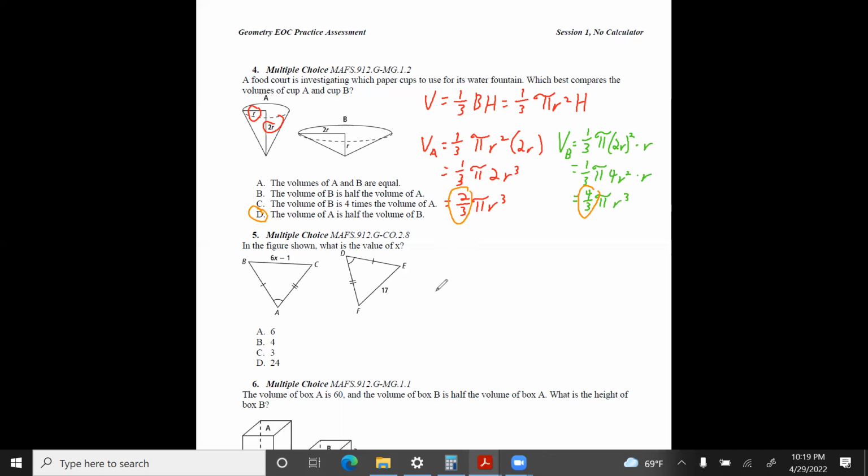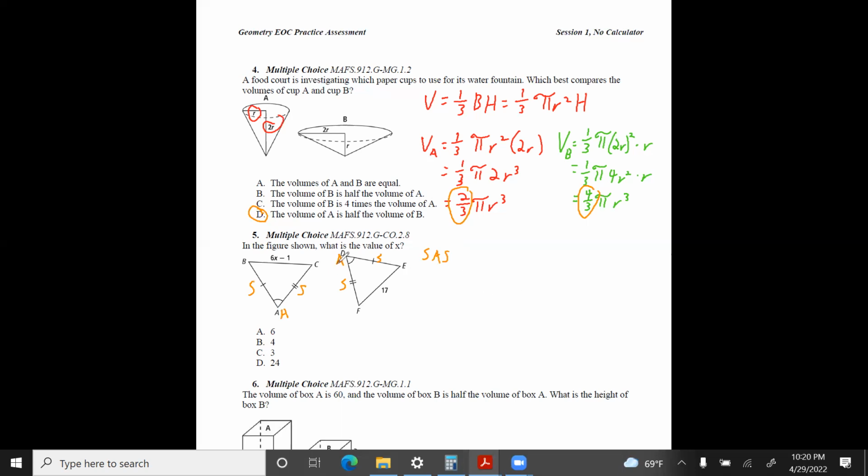Now, number 5, in the figure shown, what is the value of X? So first, they gave us enough information to say that these two triangles must be congruent. They told us that we have 2 sides that are congruent, and the angle that's between them is also congruent. So these 2 triangles are congruent by side, angle, side.